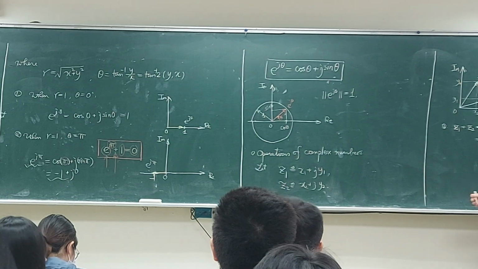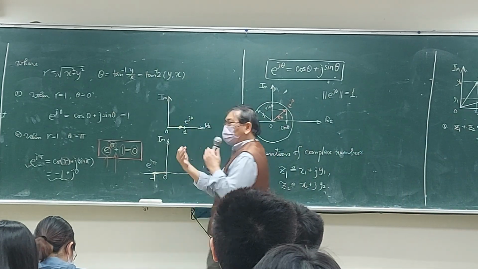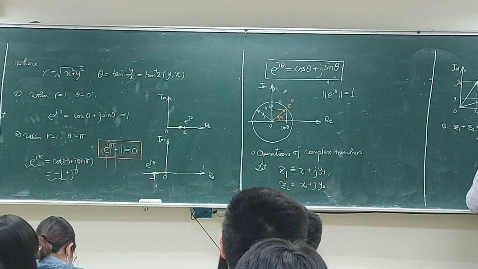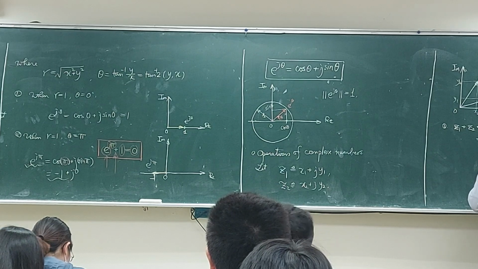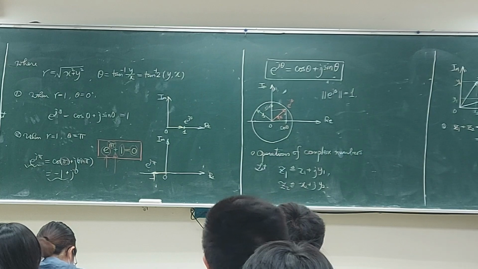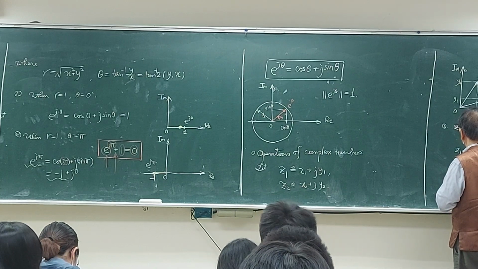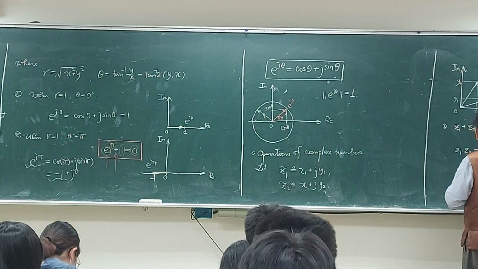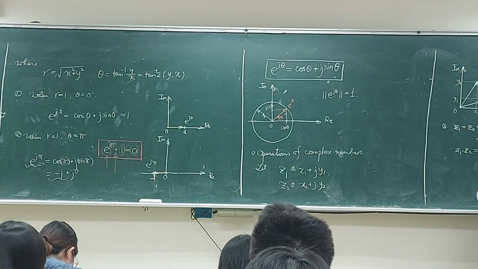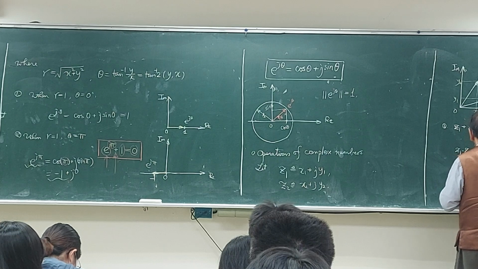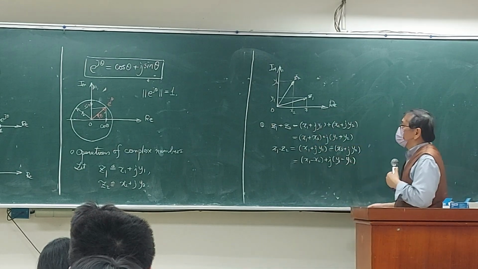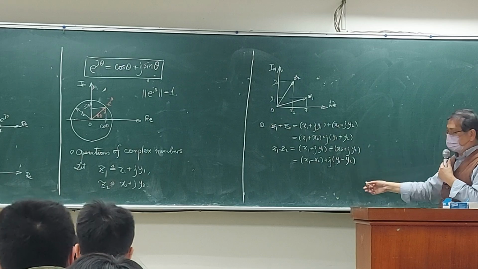Since the real part and the imaginary part are independent, the sum of the two complex numbers is simply the sum of the real parts plus j times the sum of the imaginary parts. Likewise, subtraction.